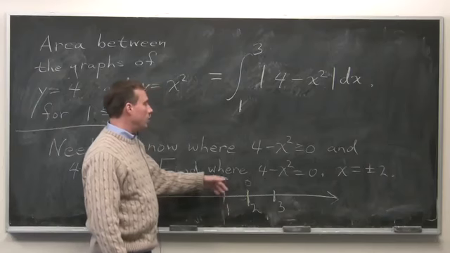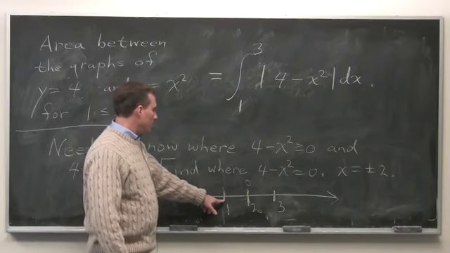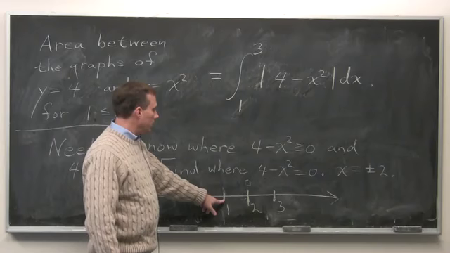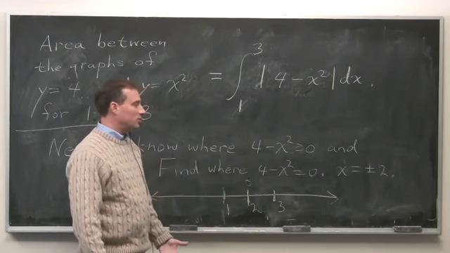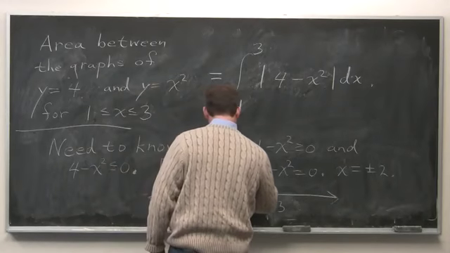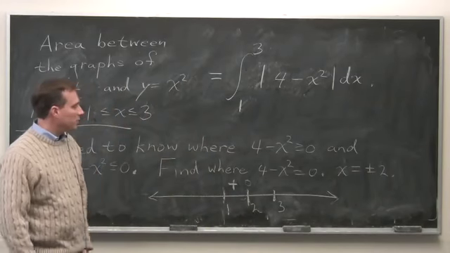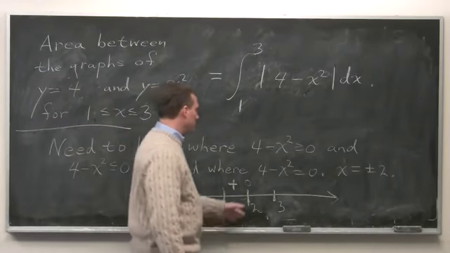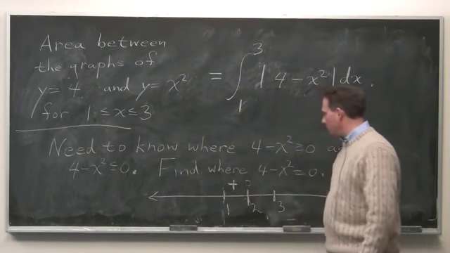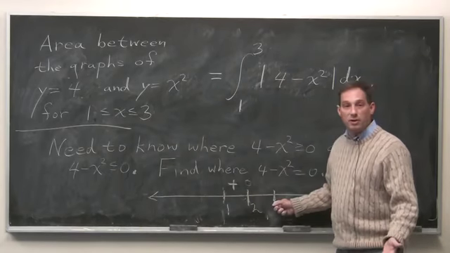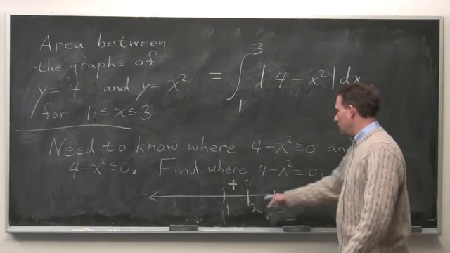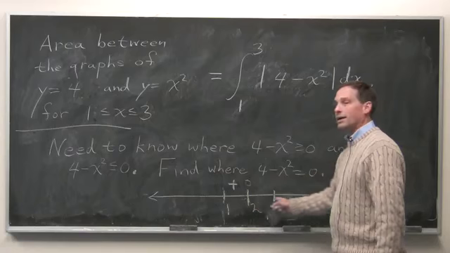So just check it at 1, for instance. When x is 1, 4 minus x squared is 3, that's positive. So it's positive in here. 4 minus x squared is positive between 1 and 2. And between 2 and 3, just pick anything between 2 and 3, but for that matter, you can pick 3, because the sign doesn't change for any x greater than 2.